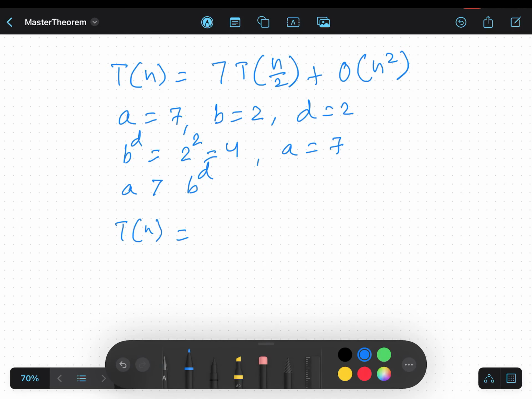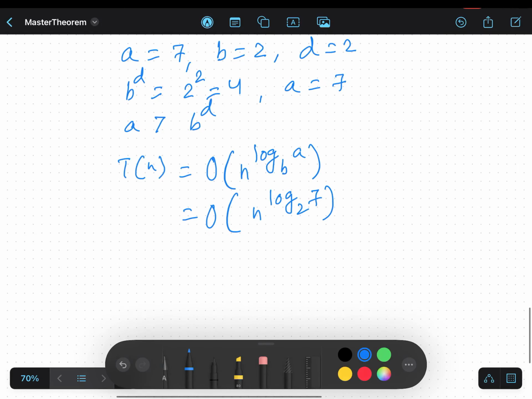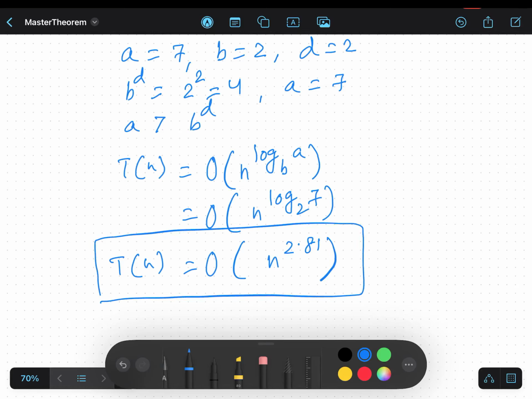This will be n log base B A, n log 2 7, and this is n raised to the power 2.81, and I think this is correct. Strassen's algorithm is subcubic time.